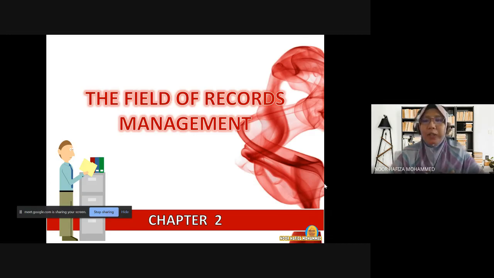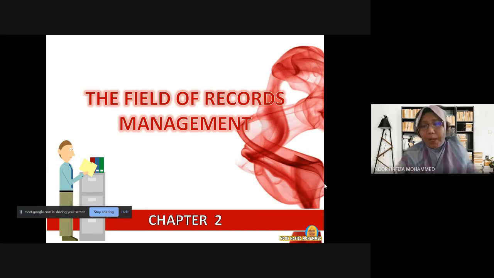And then you need to know there are two types of record, whether it is a public record or a private record. Next one, in order for records to become an evidence, they need to have these four characteristics. So these characteristics are permanence, unique, authentic, and also have the value as official source of information.